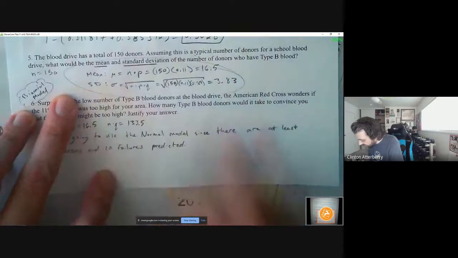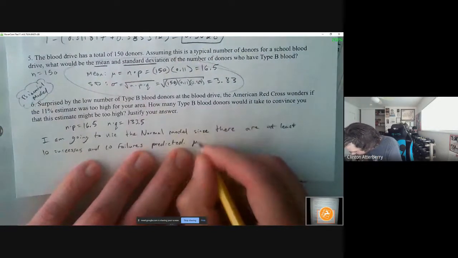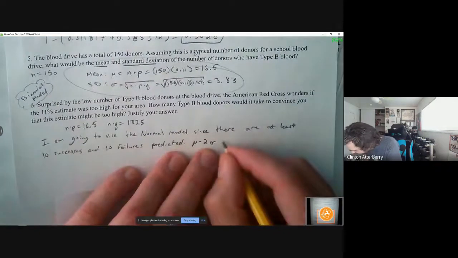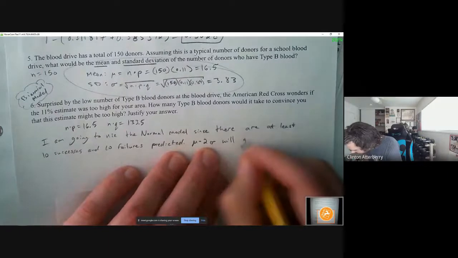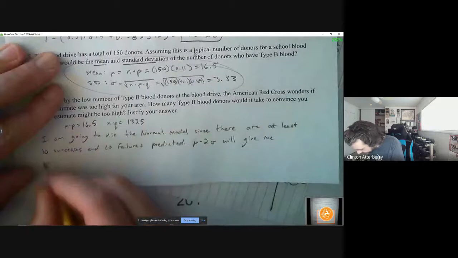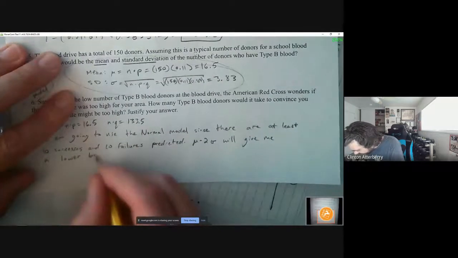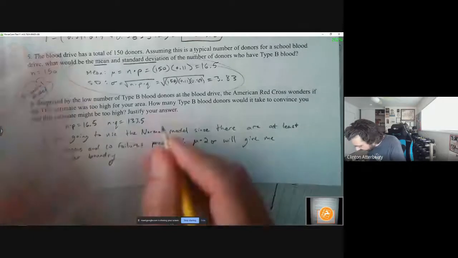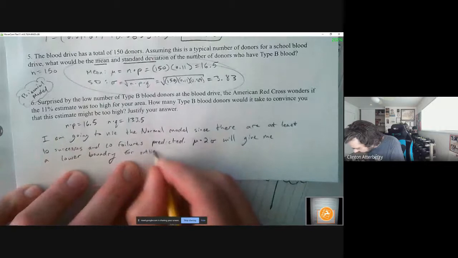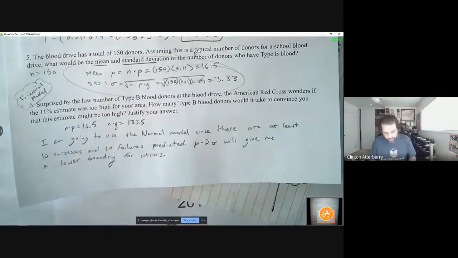I'm going to say mu take away 2 times sigma will give me a lower boundary for outliers. So we talked before about this idea of the mean plus or minus the standard deviation.